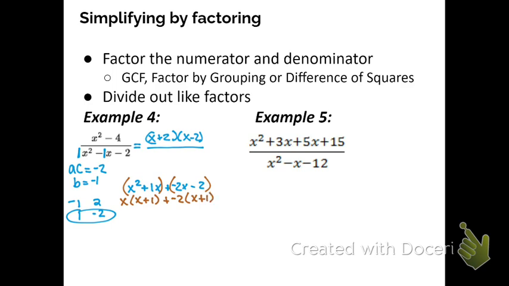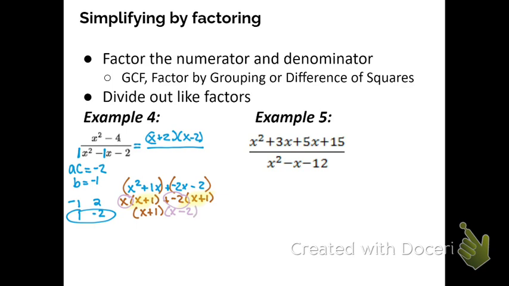Remember that if you've done this correctly at this step, the part in the parentheses after you've taken out the GCFs should be the same. And then our next step will be to factor out that common binomial. Factor out the x plus 1. And then that leaves us with an x and a minus 2 in the other parenthesis.